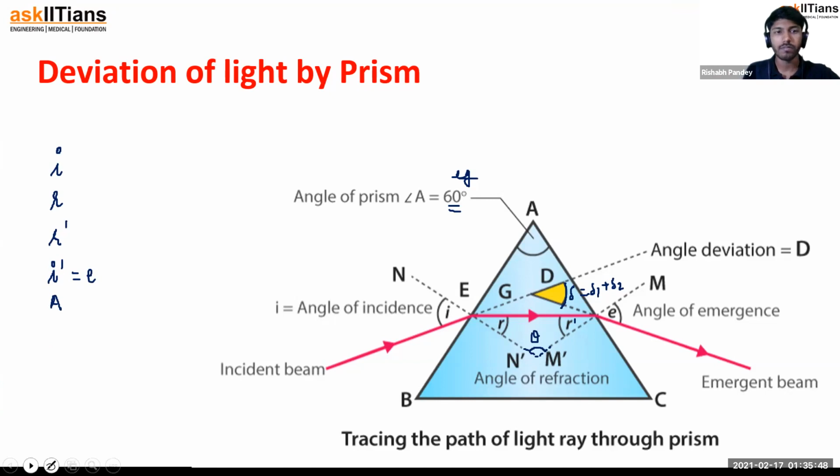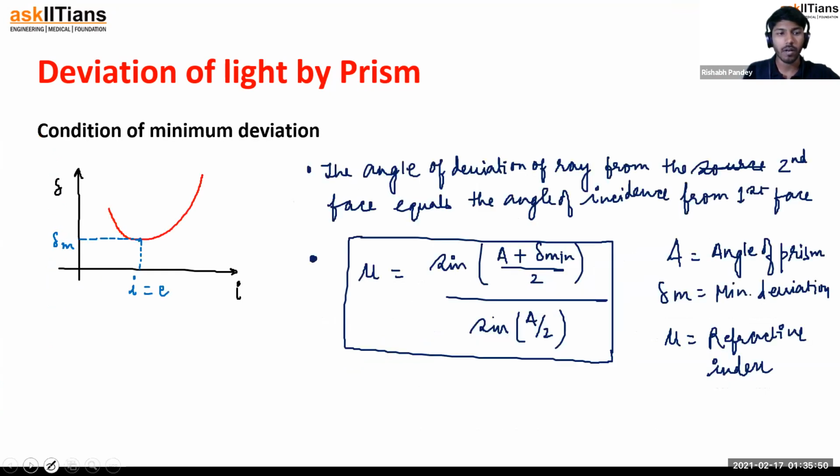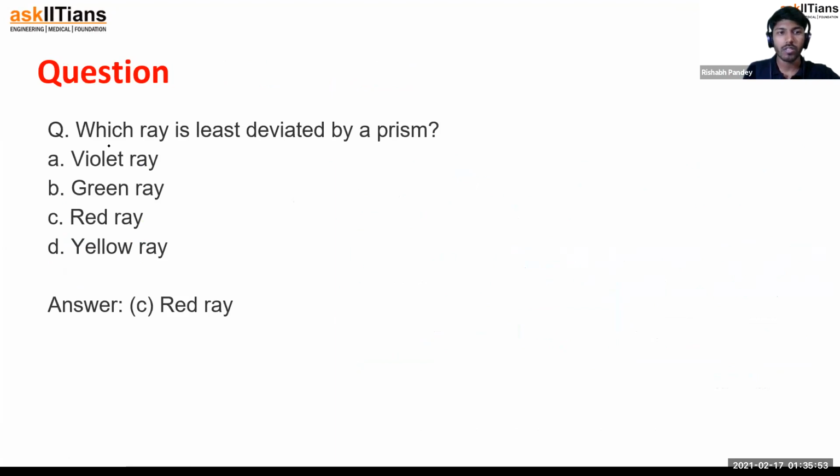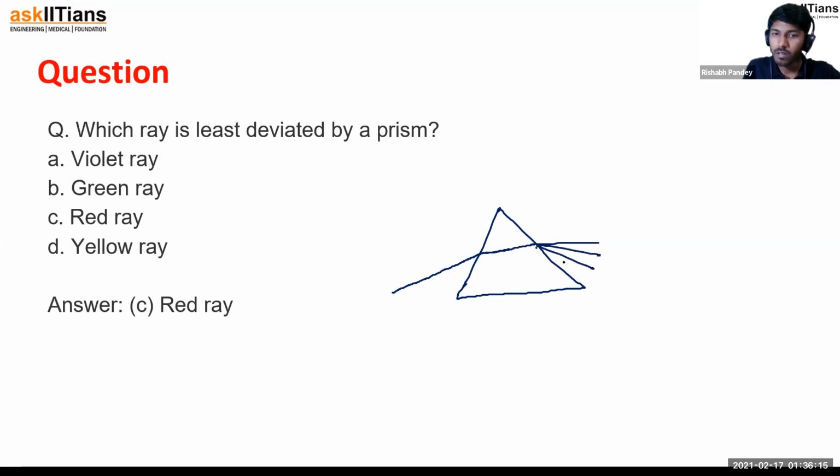If I move forward, this is the case of deviation of the light by a prism. If you look at this question, which ray is least deviated by a prism? Least deviated means, say if this is a prism, although I'm bad with the drawing, please cope with me. Say this ray of light was supposed to go like this, and then it got deviated into this. So the first, second, third, fourth, fifth, sixth, seventh.